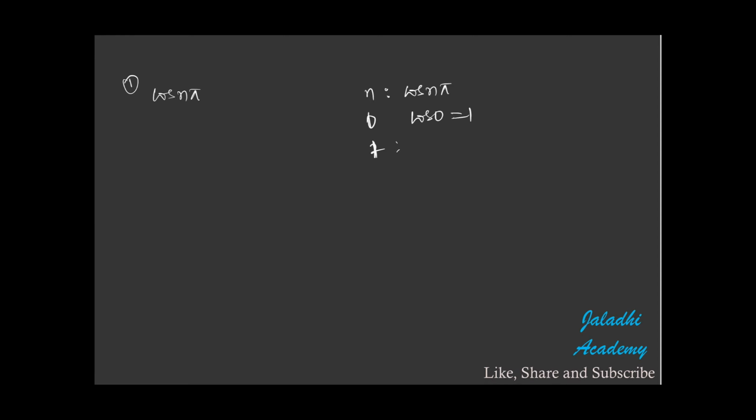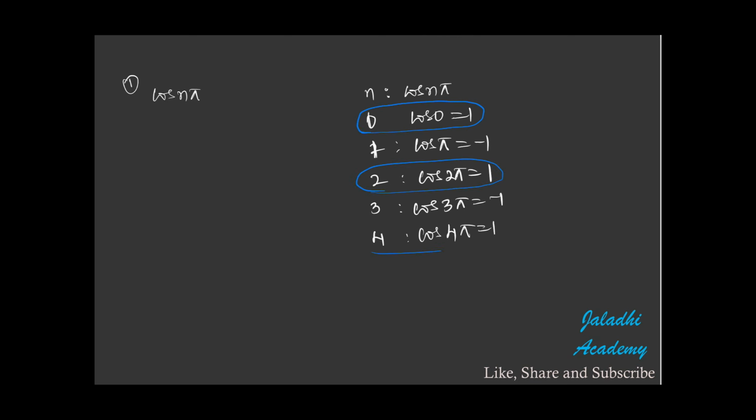If n is equal to 1, we get cos pi, whose value is minus 1. For n equal to 2, we get cos 2 pi, whose value is 1. For n equal to 3, cos 3 pi is equal to minus 1. And for 4, cos 4 pi value is plus 1. Now, for n equal to 0, 2 and 4, we got the value 1.